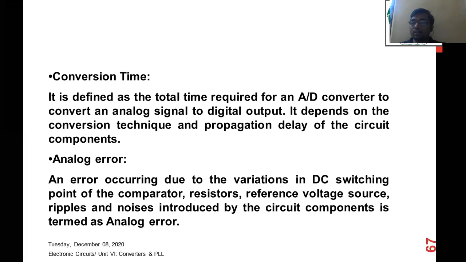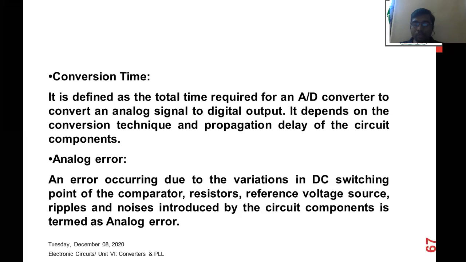It is termed as analog error because all the circuit is made up of different discrete electronic components, okay, op amp, resistor, capacitor and other things. So these would introduce noises, ripples, and such kinds of errors are considered as analog error.